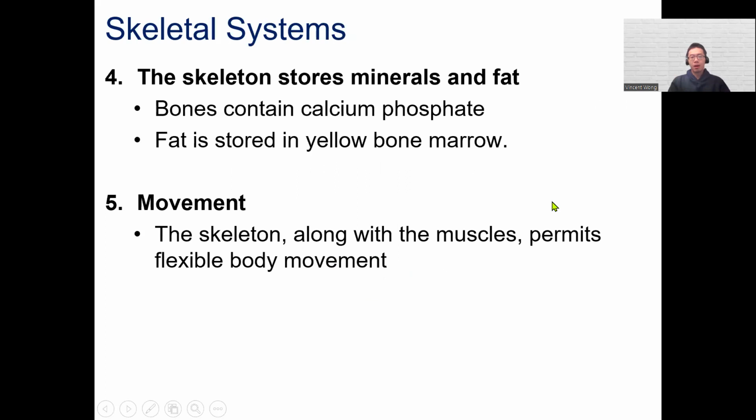The skeleton also stores minerals and fat, and I told you about the fat already. But you should also know, it stores calcium, right? You must have heard it before: drink milk because it's good for your bones, because of the calcium. But it's not just the calcium that's important. We also store phosphate.